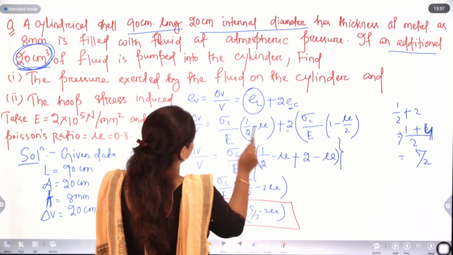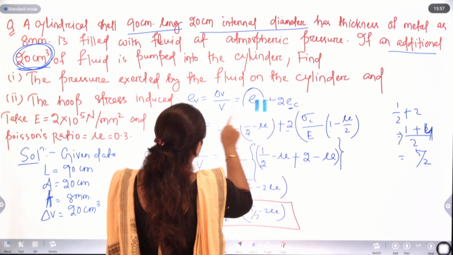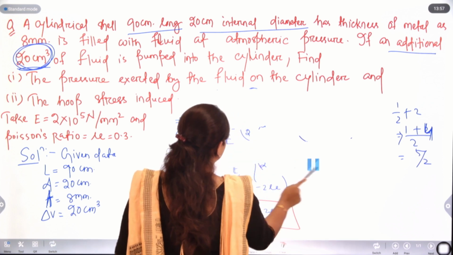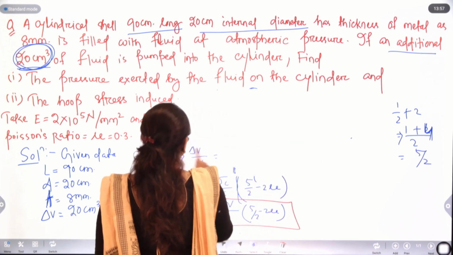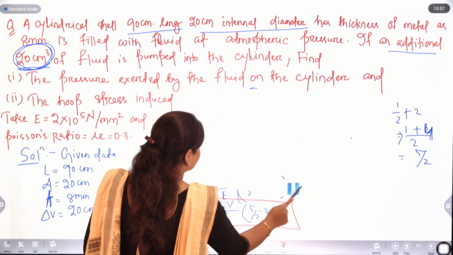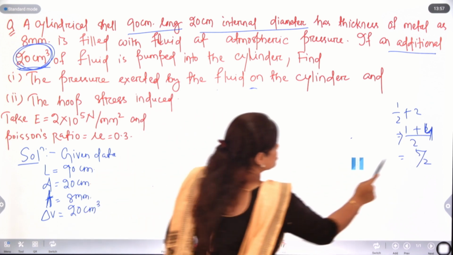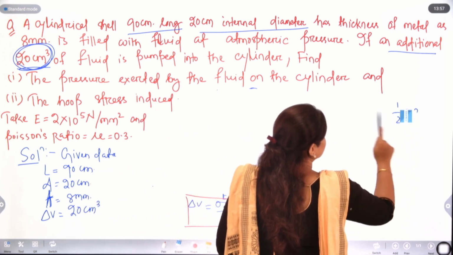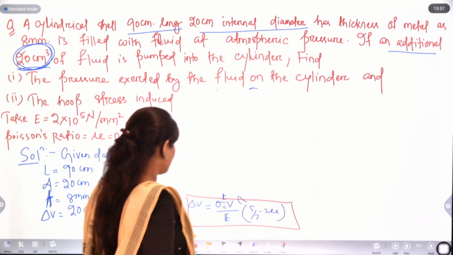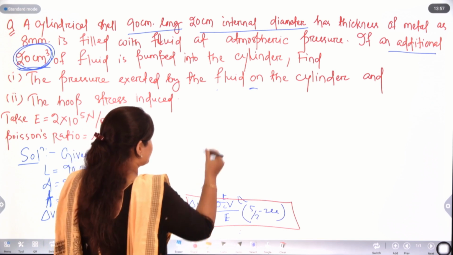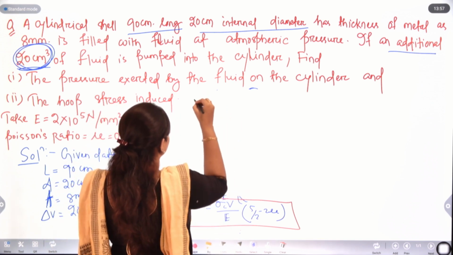So now we can erase the whole term. The whole derivation is not necessary if we remember the formula, right? We got the formula for del V.